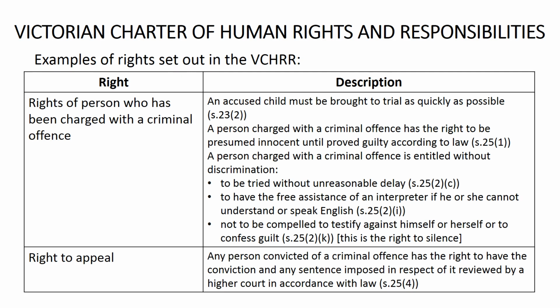This takes us back to the work that we have done on the Victorian criminal court hierarchy, and you'll remember there that we looked at the appellate jurisdiction that is exercised by courts in that criminal hierarchy, the principle being that a person who is dissatisfied with their conviction or with the sentence that's been imposed can appeal to a higher court to have that conviction or sentence reviewed.